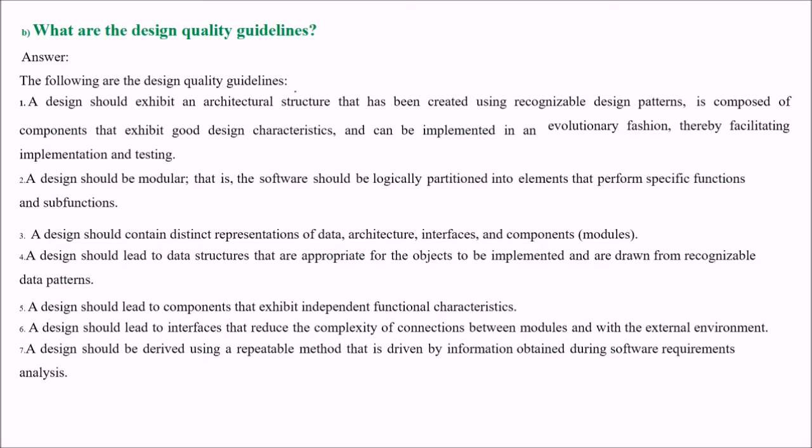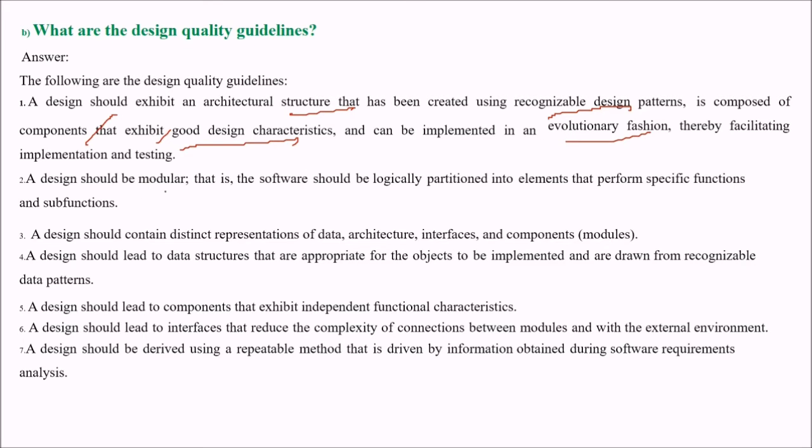What are the design quality guidelines? First, the design should exhibit an architectural structure that has been created using recognizable design patterns and is composed of components that exhibit good design characteristics and that can be implemented in an evolutionary fashion, thereby facilitating implementation and testing.